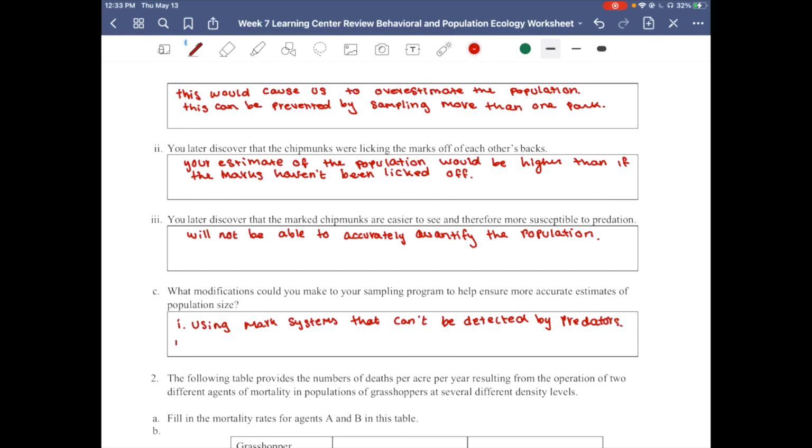And another thing that we could do is sample more than one part. Another thing is to use a marking system that can't easily be licked off of the squirrel or chipmunk, so a marking system that can't be easily removed.